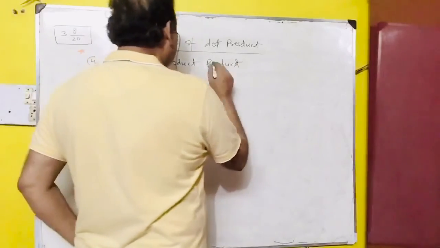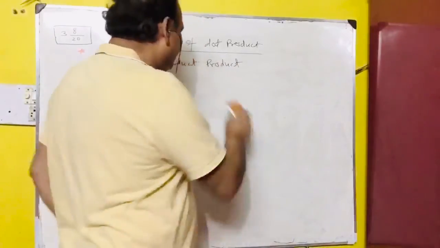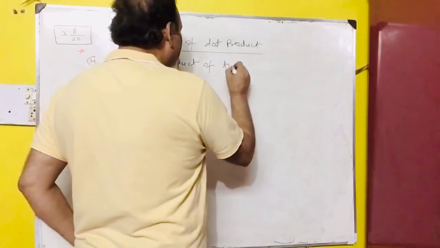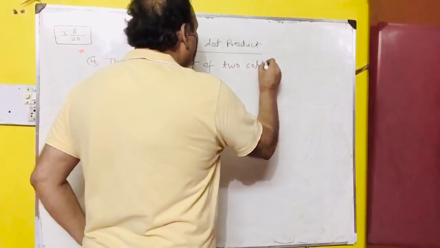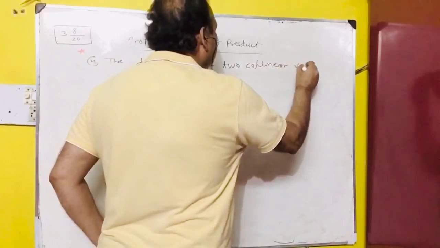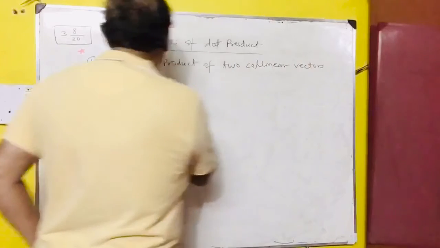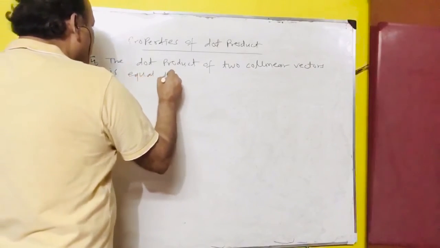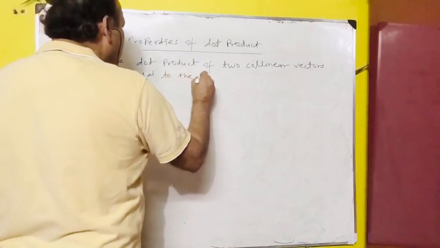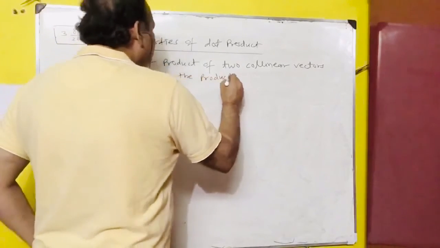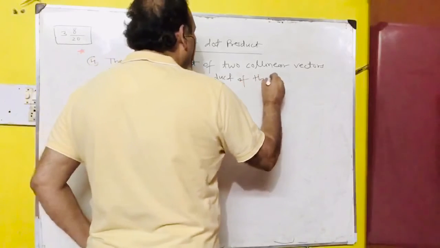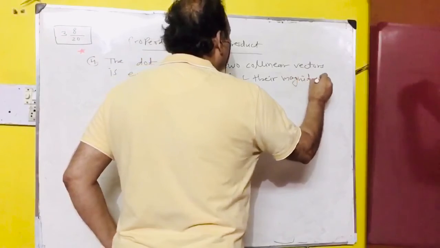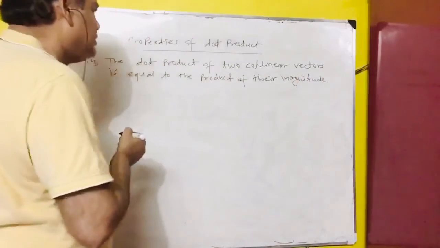The dot product of two collinear vectors is equal to the product of their magnitude. ये बहुत इंपॉर्टेंट है, कमाल करेगा देखने में.